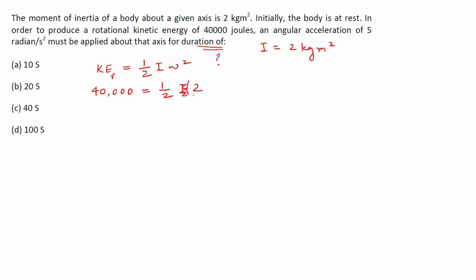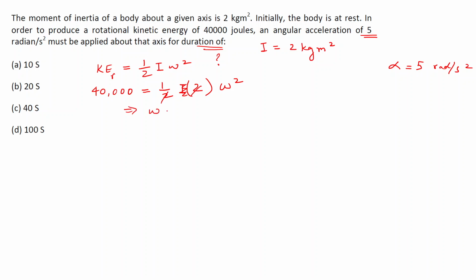We have been given angular acceleration, that means alpha is 5 radian per second square, and in the formula we have omega, which is angular velocity. So first we'll solve this.